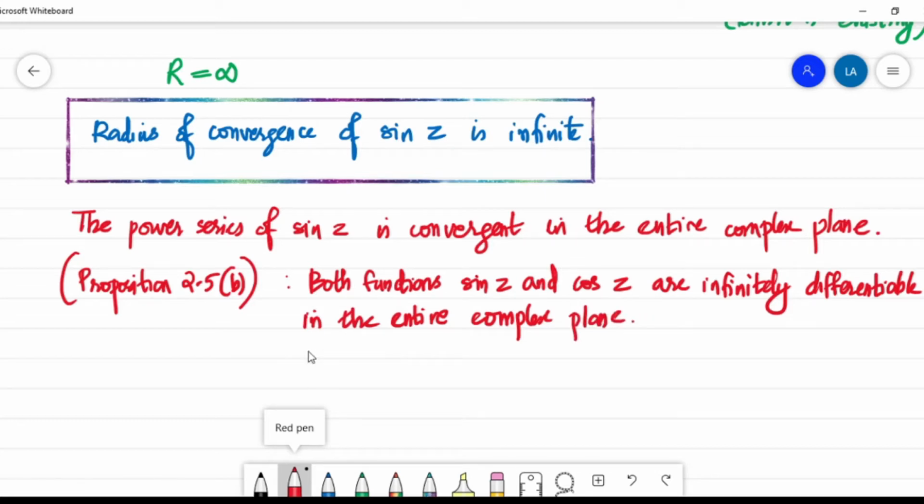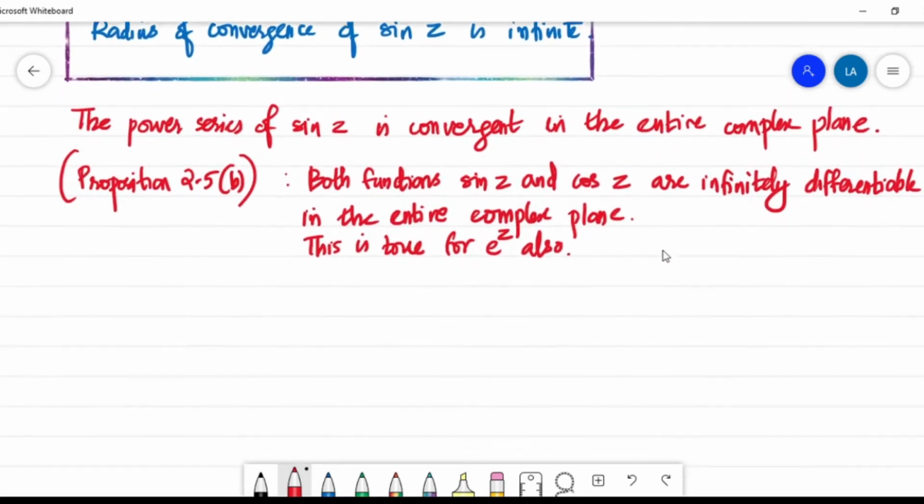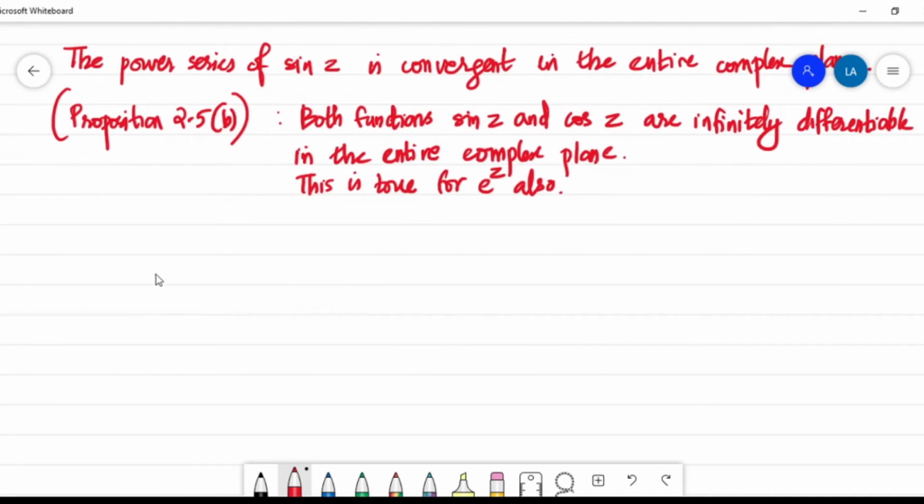Note that this is true for the exponential function e raised to z also. Okay. So, we can get an important result from there, that e raised to z, sine Z, cos Z are entire functions.